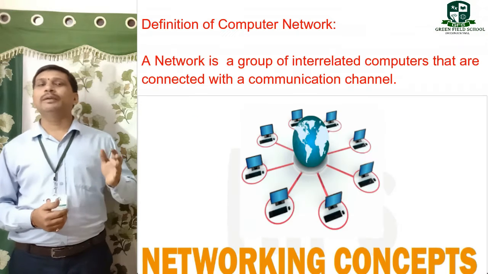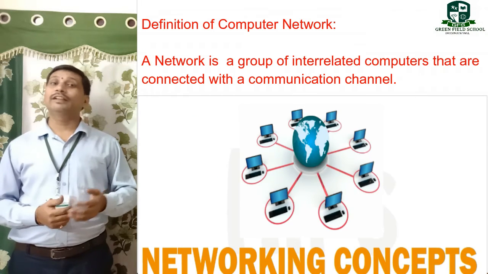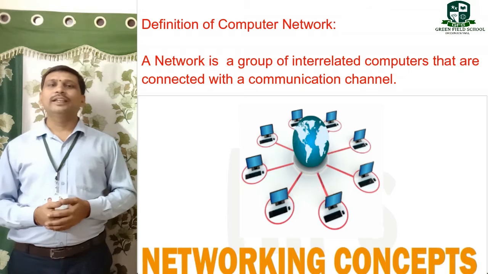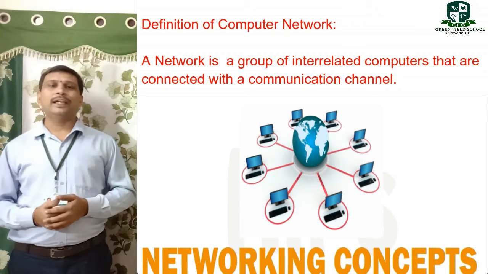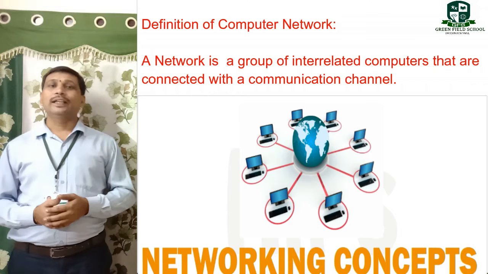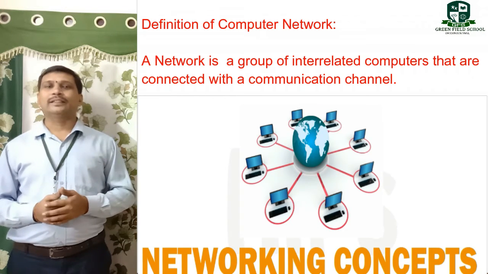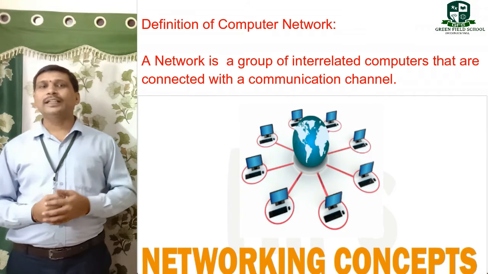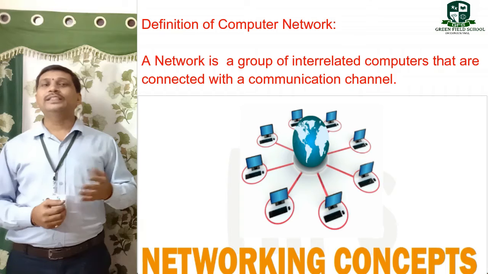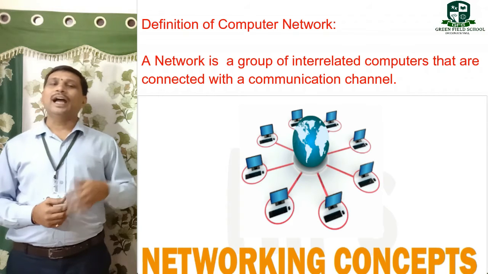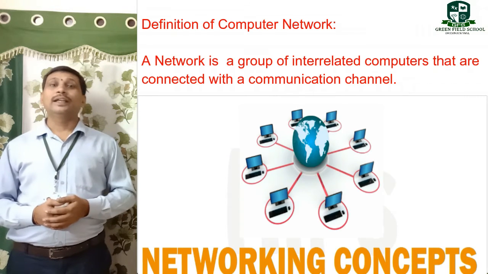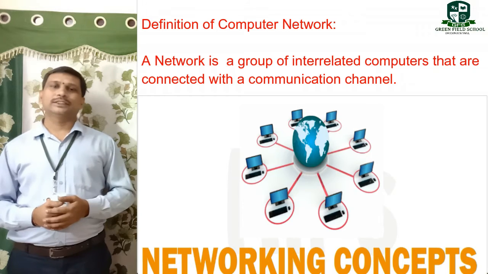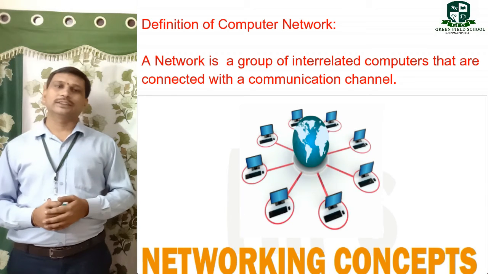Coming to what is meant by network. A network is a group of interconnected computers. They are interconnected because they share information or data. They share resources, meaning hardware resources.